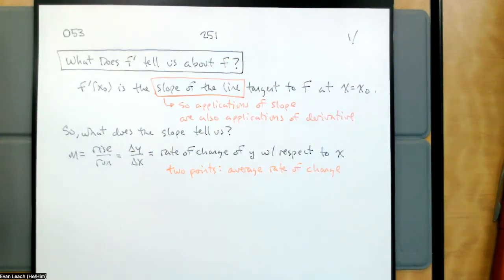So we want to make a distinction with the rates of change that we have. If we have two distinct points, we're looking at an average rate of change. For example, if I hop in the car and I go 300 miles in 5 hours, my average speed was 60 miles per hour.